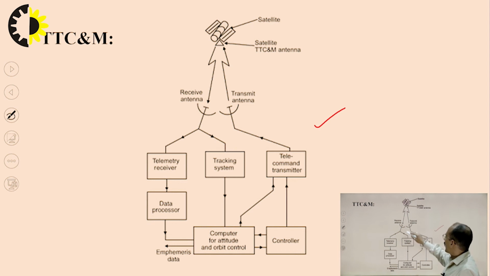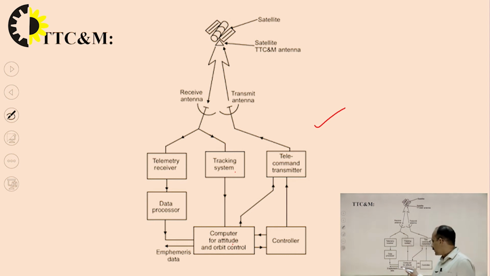Then again the data is coming, and you can see that the data goes towards the telemetry if it is telemetry or monitoring data, or if it is tracking data, then it comes to the tracking system. Again, telemetry data will be processed by the data processor or the telemetry computer. Then all that tracking data or telemetry data goes towards the computer for attitude and orbit control.